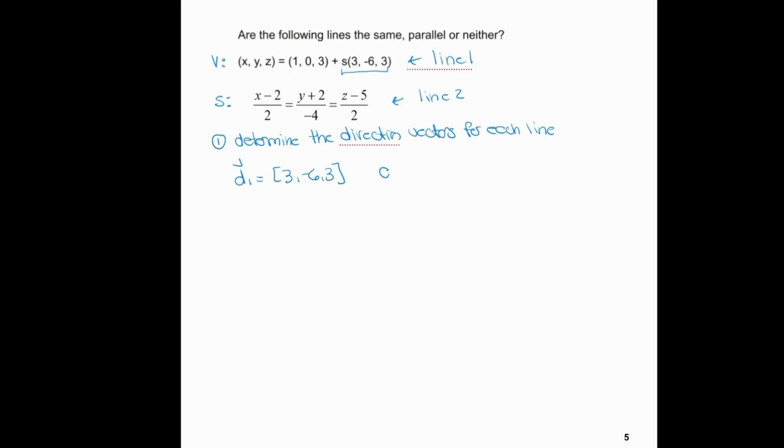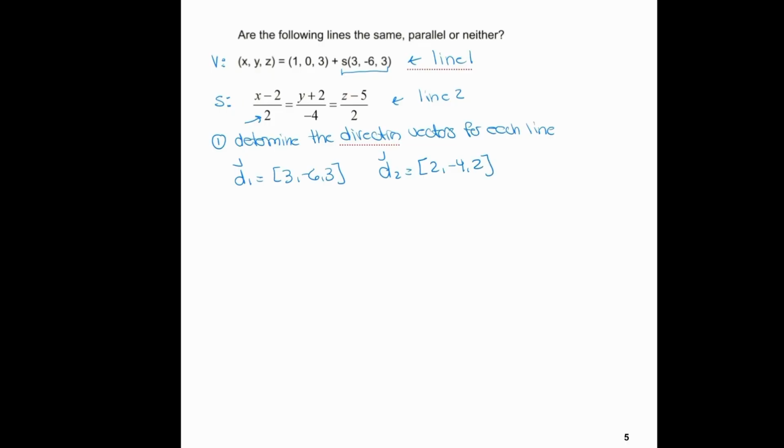My direction vector for line 2, now remember the direction vector here, the ABC values, are the values in the denominator of the symmetric equation. So I have 2, -4, 2.